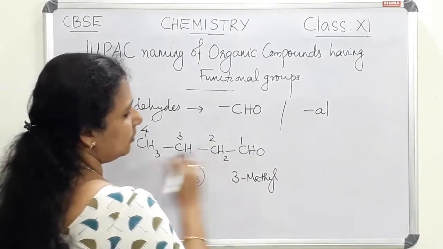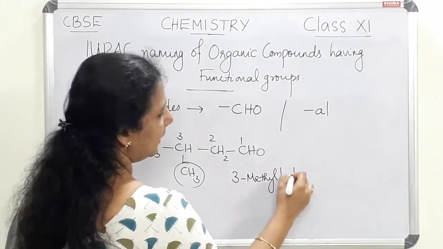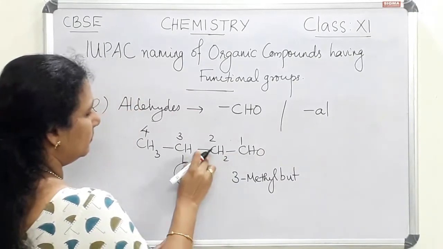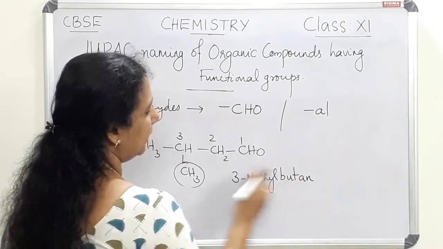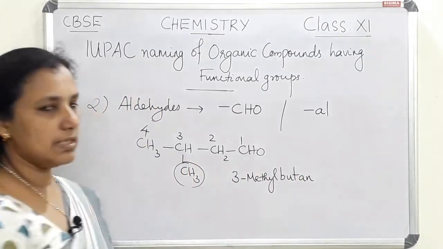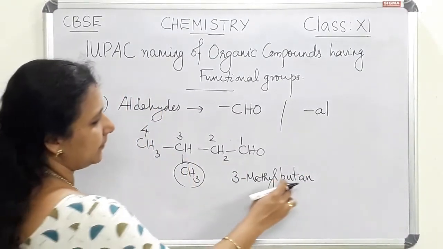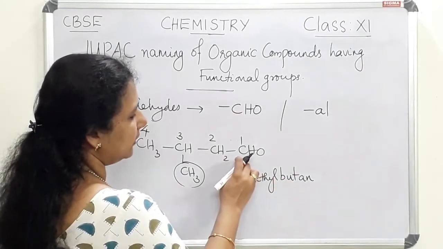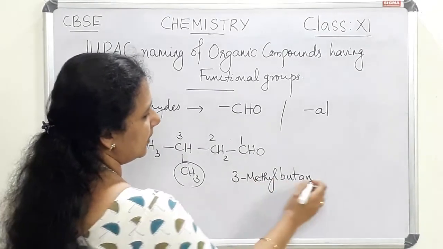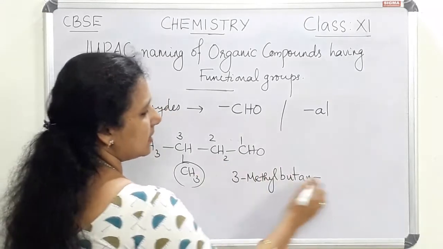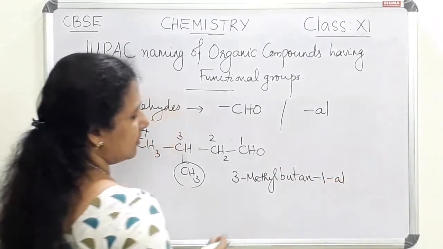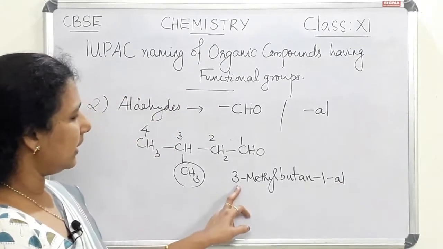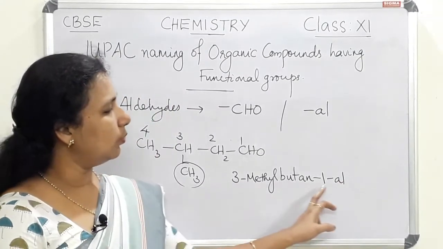Then comes the word root. Since there are 4 carbon atoms in the parent chain, but, and -an, butane, that is the primary suffix. Then comes the functional group, that is the secondary suffix. Since it is in the first position itself, we can write 1-al. So the name is 3-methylbutane-1-al.